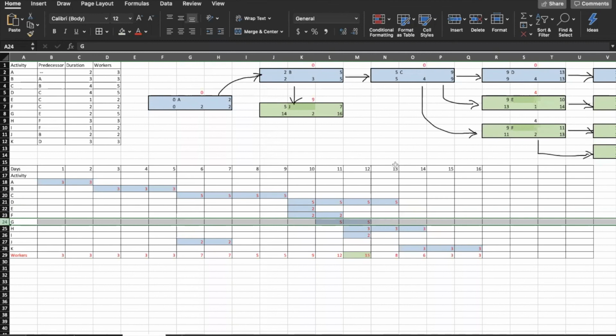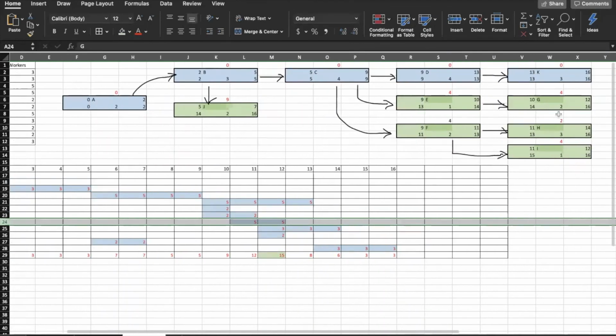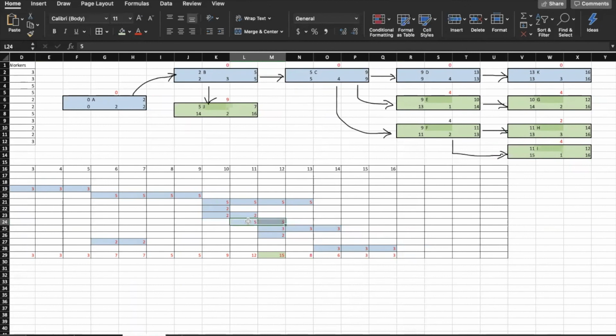So let's see. G can be moved as late as day 16. So let's see how it will work out if we move it later, to day 15 and 16.